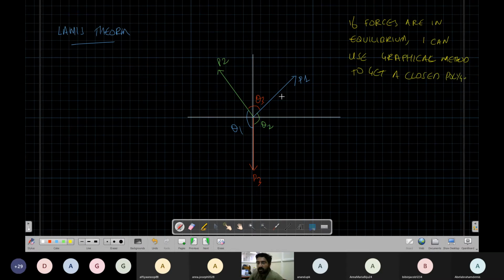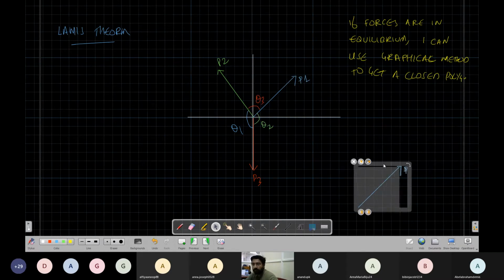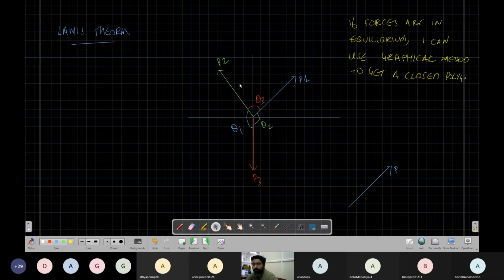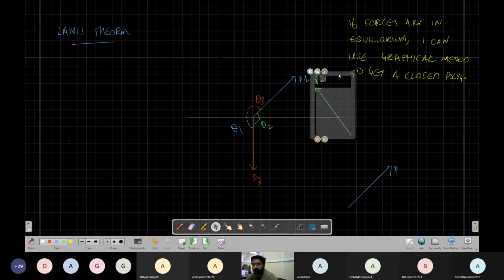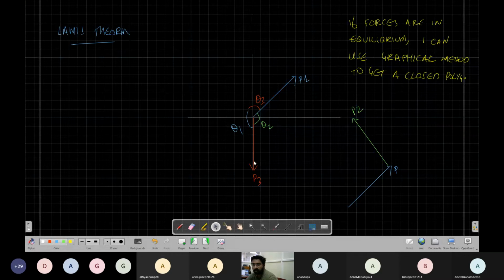Now, I have drawn this randomly, so let's just see. This is one force, this is the other force, and I don't think they're closing now. This is the third force. So they're not closing.